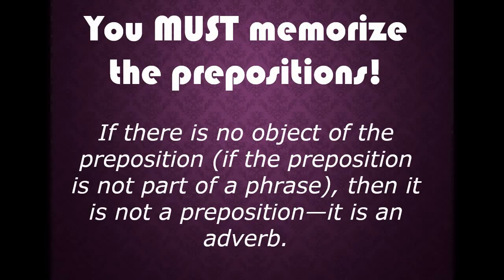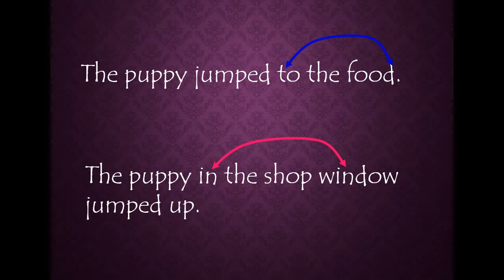Okay, the answer is super simple. If there is no object of the preposition, if the preposition is not part of a phrase, then it is not a preposition, it is an adverb. So, again, if you find a sentence with a preposition, but after the preposition there is no noun, this is not a prepositional phrase, it will be an adverb.